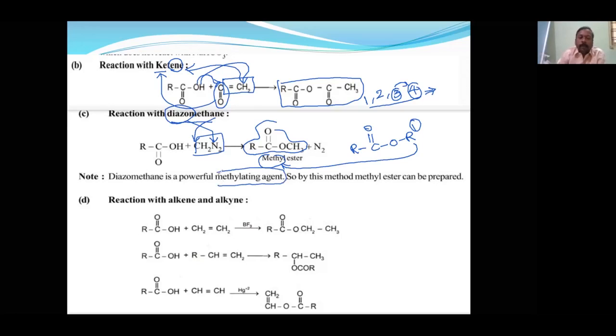If anybody is in requirement of a methyl group, it is like a blood donor and a blood bank. If anybody is in requirement of blood, they will come to the blood bank and they will get the blood.